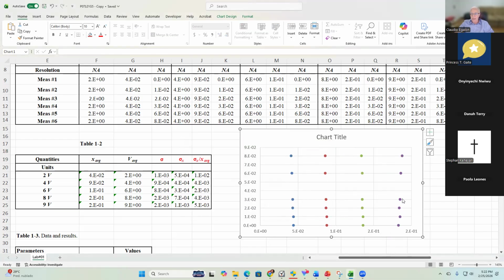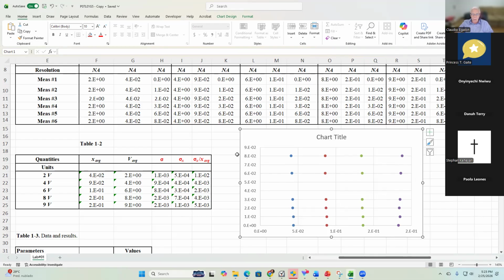Now, do you see that the equipotential lines are starting to veer to the right? Here they were a little bit to the left, a little bit to the left, but this one now is veering a little bit to the right. Why is that? There's a reason for that. They're veering to the right because the right electrode is closer to the set of data points compared to the left electrode.